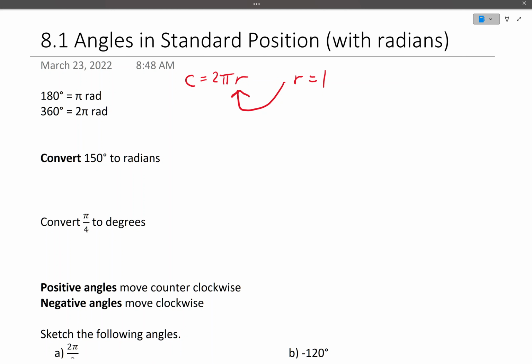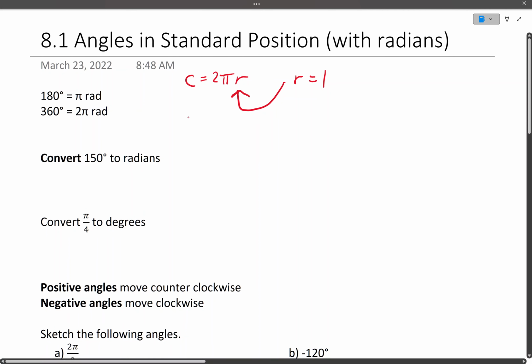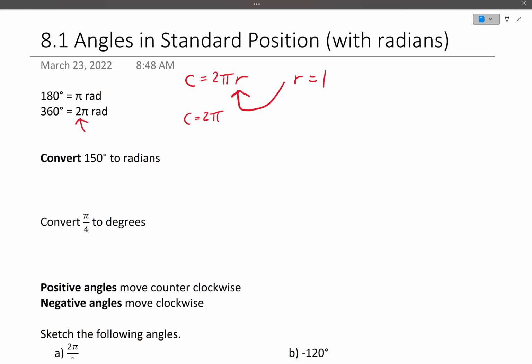That's the whole point of it being a unit circle. It's just one unit, one radius. So the circumference is then 2 pi, and that's how we define what a radian is. It is based off of that concept.